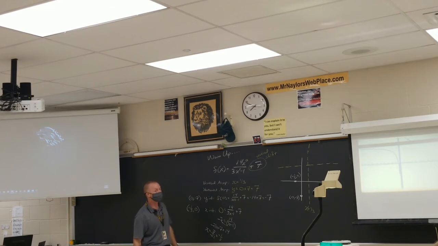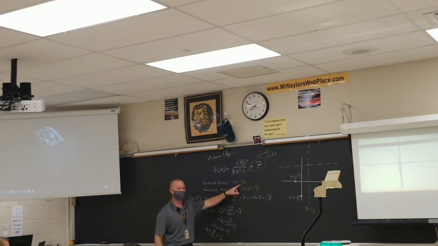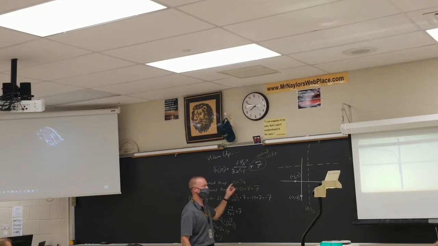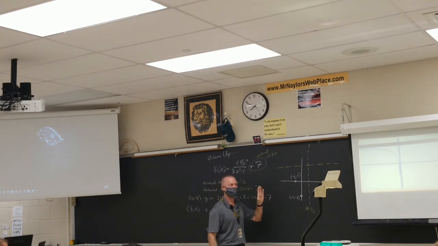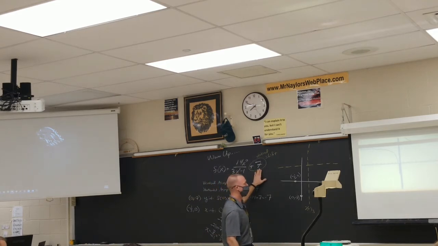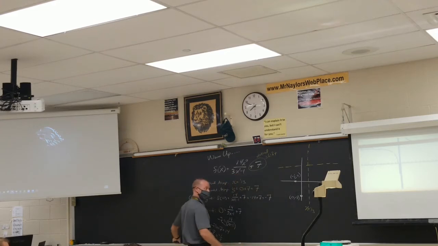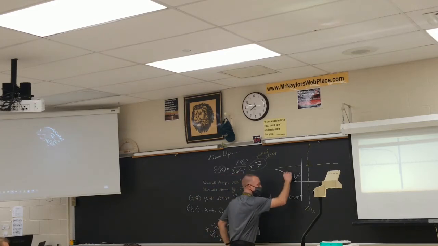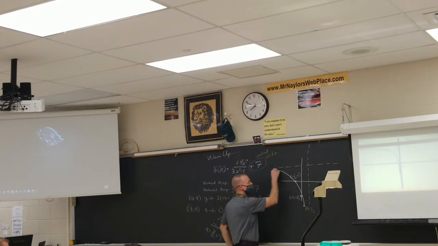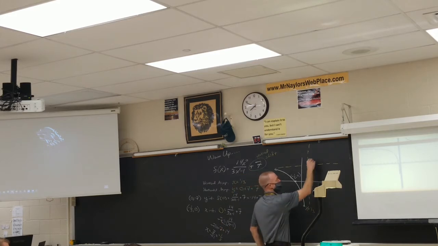The only thing that wasn't affected by it was the vertical asymptote. A vertical asymptote can only shift left and right. But anytime you have a number at the end of an equation, it will represent a vertical shift. And it will affect the x-intercept, the y-intercept, and maybe most notably, it affected the horizontal asymptote.